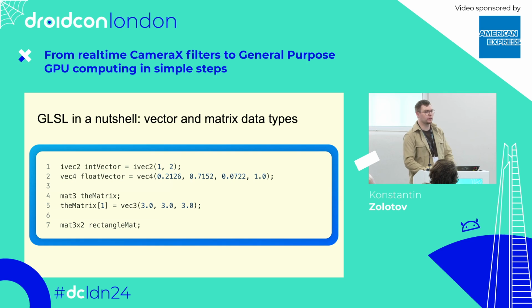For the majority of cases, it is enough. It is the same with matrices. However, there is one difference: matrices can only be floating point, but for vectors, you can have integer vectors, float vectors, unsigned integer vectors, and so on.